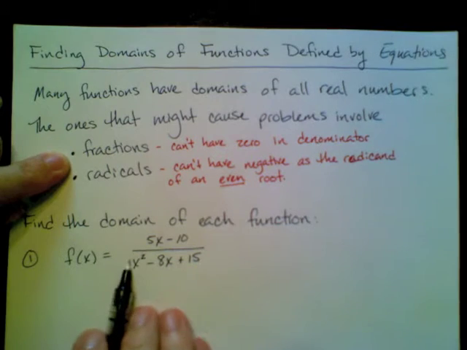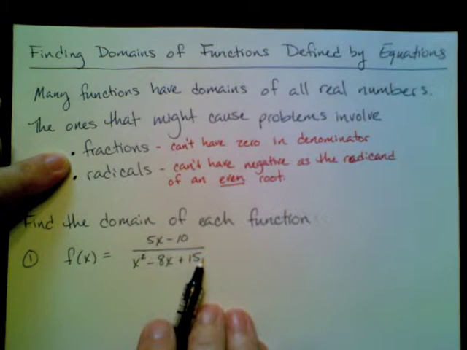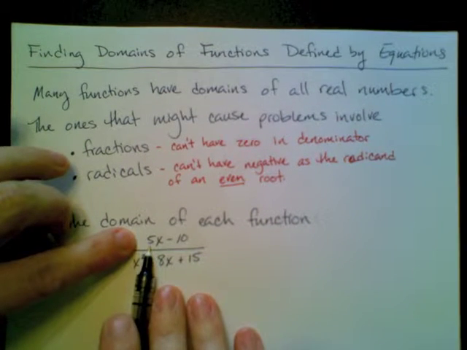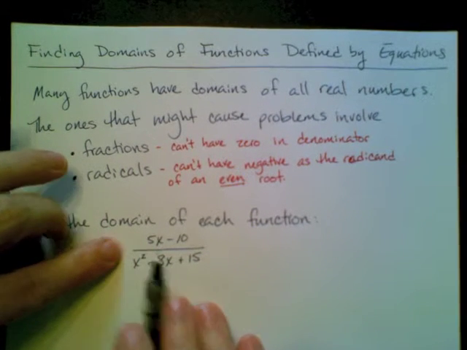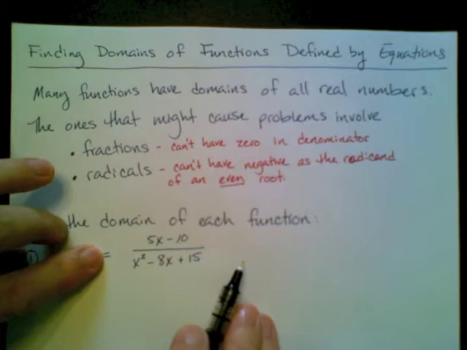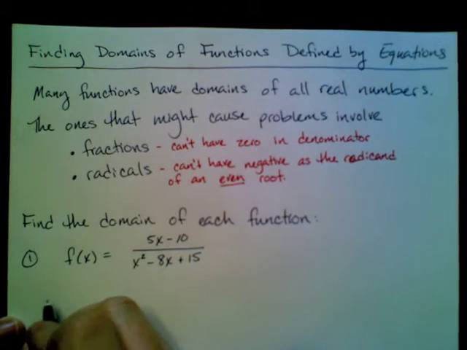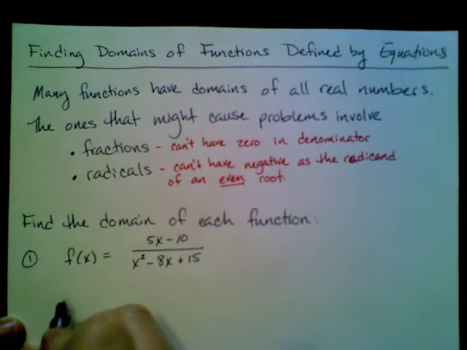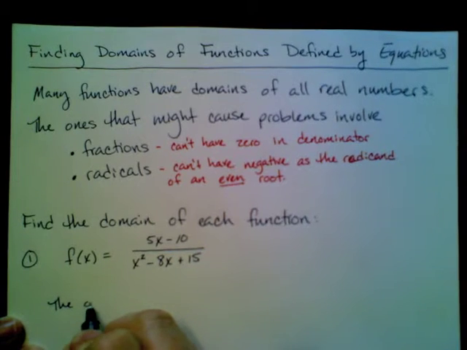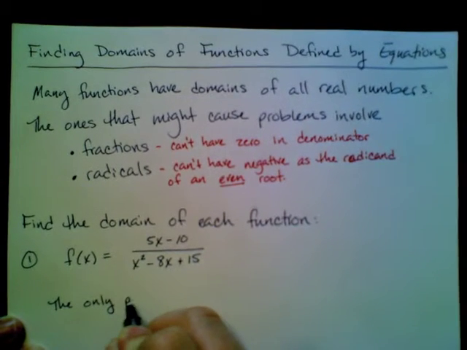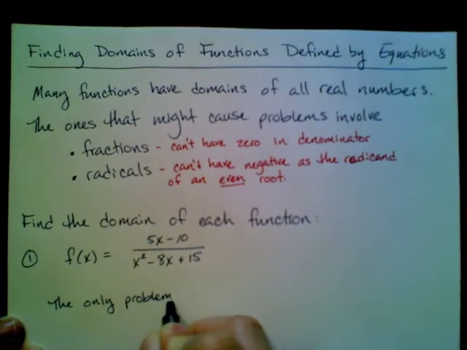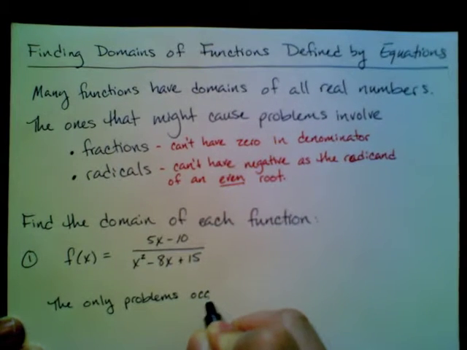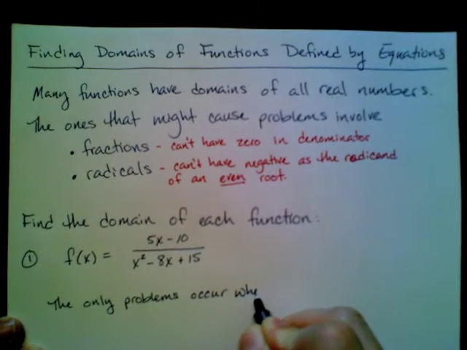The denominator of this fraction cannot be 0. The numerator can be anything it wants to be, including 0, but the denominator cannot be 0. The only problems occur when the denominator is 0.